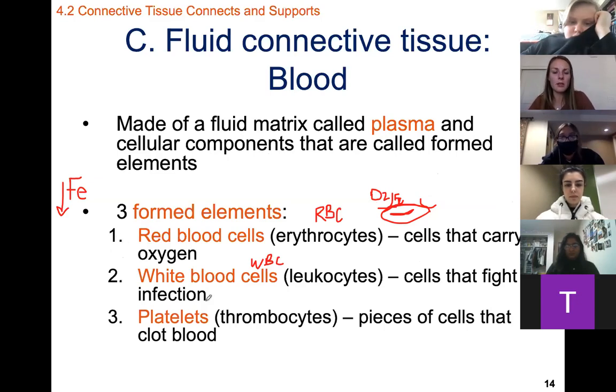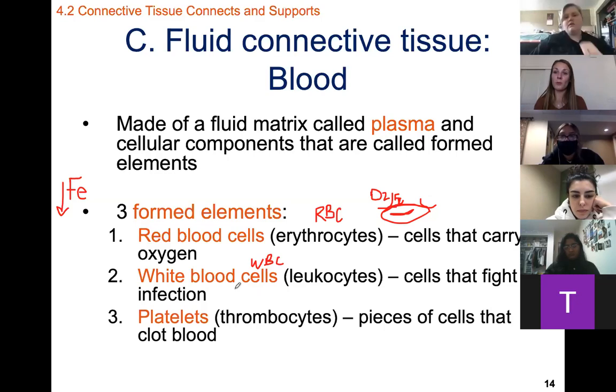White blood cells, leukocytes, these are the cells that fight off infection. There's different types of white blood cells, and luckily in this class we don't memorize those, but just know that if you see a white blood cell, you have fewer white blood cells in your system than you do red blood cells, and these white blood cells fight off infection, which is great. You probably have had infections in your body that you didn't really have any symptoms for because your white blood cells can attack them.